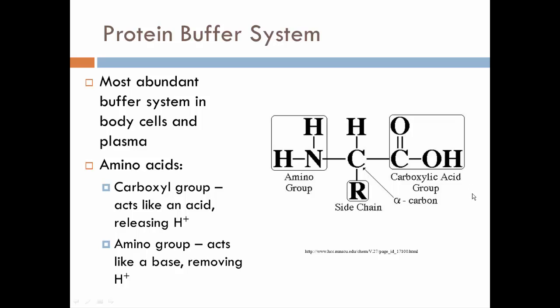So let's say your pH gets too high, the carboxyl group will let go of a hydrogen ion, thereby neutralizing that basic pH. The amino group can act like a base, removing hydrogen ions. That is, they can take up hydrogen ions. So if the blood gets too acidic, the amino group can kick in and remove those hydrogen ions.